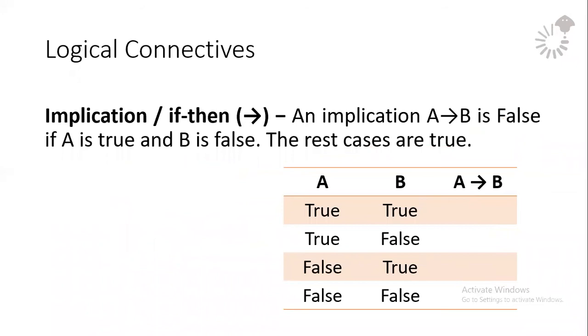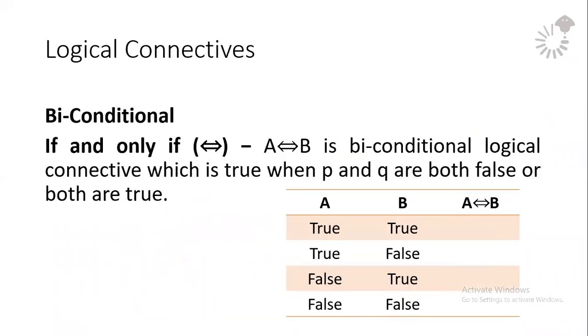Next is biconditional. For biconditional, if and only if, or sometimes we read that as equivalent, A equivalent B. So the biconditional logical connective is true when the two statements, P or Q, A or B, X and Y, are both false.